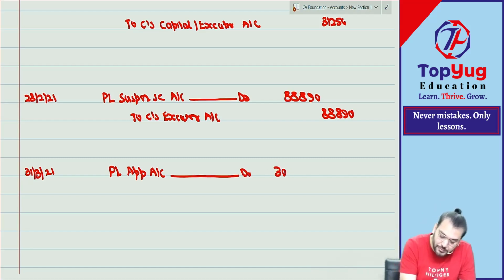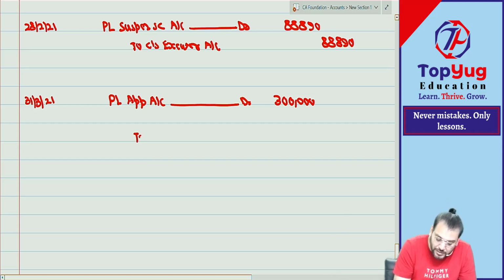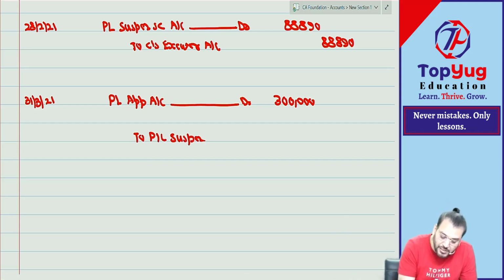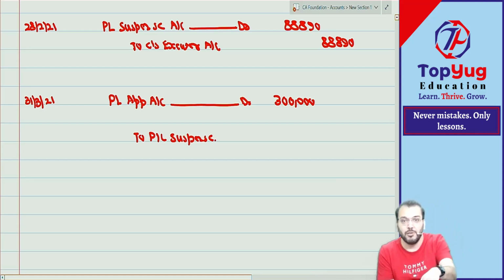This will be allocated to A, B and C. But out of this, how much already allocated to C? That is already debited to which account? So PL suspense account will be now closed, already distributed to C. What was the total?